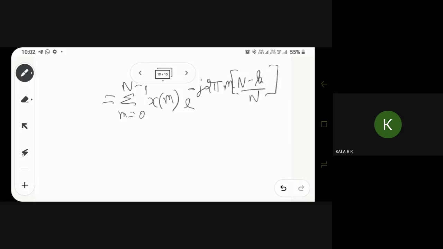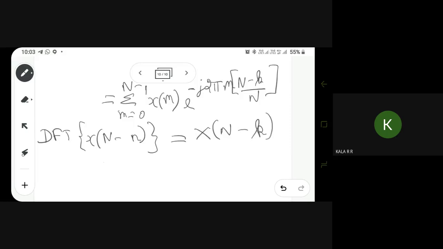So now this becomes the DFT of x of (n minus m), so n minus n we can have n minus n, this will be equal to this answer, which is nothing but your x of (n minus k). So this is the answer we need and we have got. So this is the proof. Okay, this is the proof for this property.